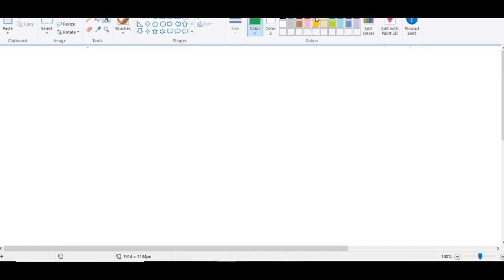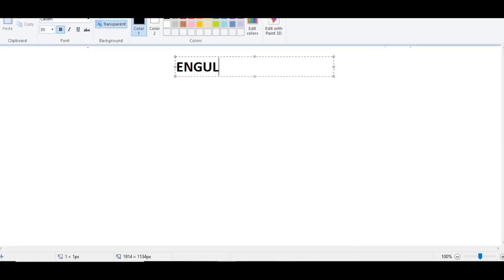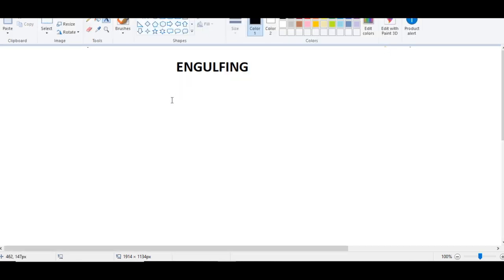Now let's go to the third candlestick pattern, which is known as our engulfing pattern. In this we have two types.